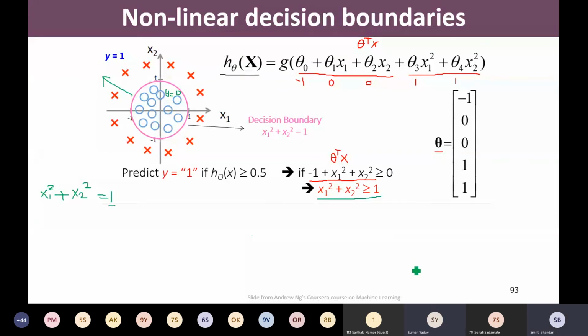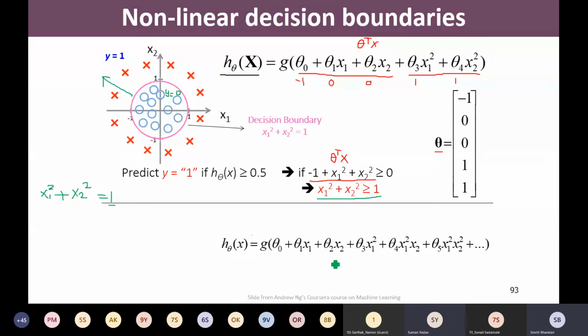See, this is just the demonstration for a comparatively simpler non-linear decision boundary, that is a circle, and this circle can be represented with such a simple expression. Now we may have the hypothesis of higher degree polynomial, right?